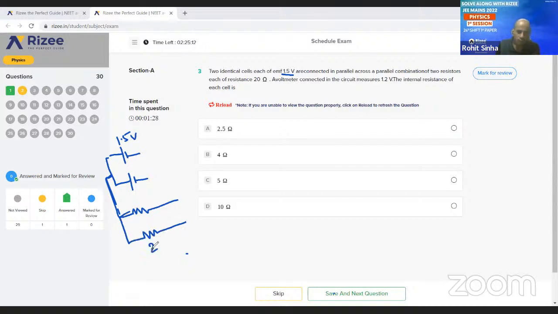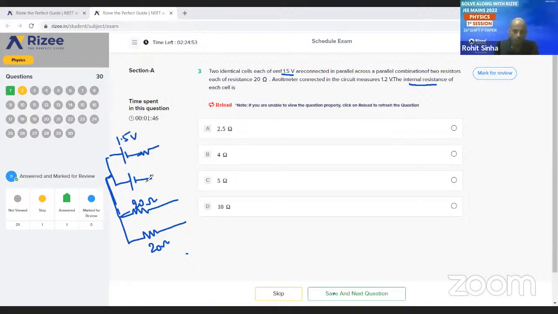We are not completing the circuit yet; let us read the question first, then we complete it. A voltmeter is connected in the circuit and measures 1.2 volt. The internal resistance of the cell is also given, so let us draw the internal resistance of the cell.